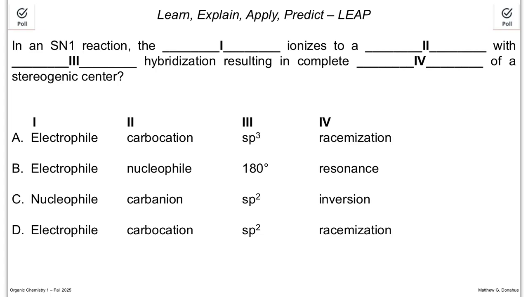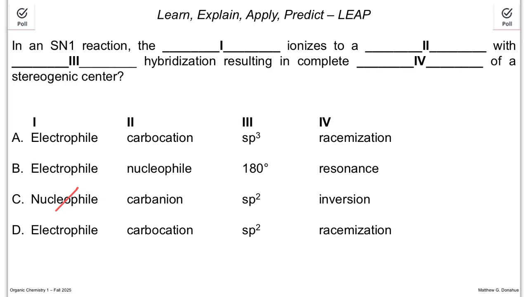That will regenerate a chiral carbon in a 1-to-1 mixture of R and S. So in an SN1 reaction, the blank ionizes to a blankety blank with blank hybridization, resulting in complete blank of the stereogenic center. So the electrophile has to ionize to form a what?